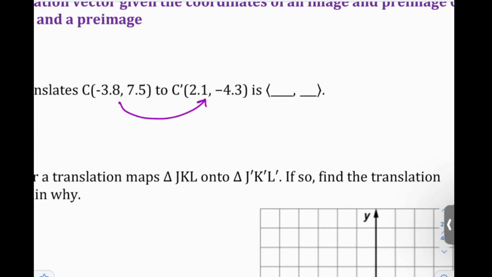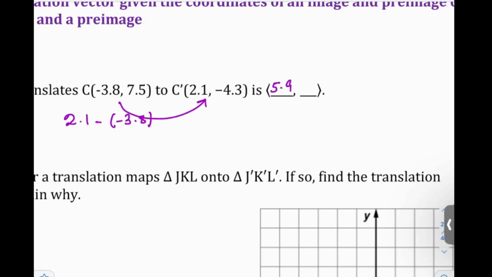You can do it mentally, but since it's a fraction, I prefer to do it this way. The new minus the old. So for the x, you will do 2.1 minus the old, and you can find it using the calculator. 2.1 minus negative 3.8 will be 5.9.